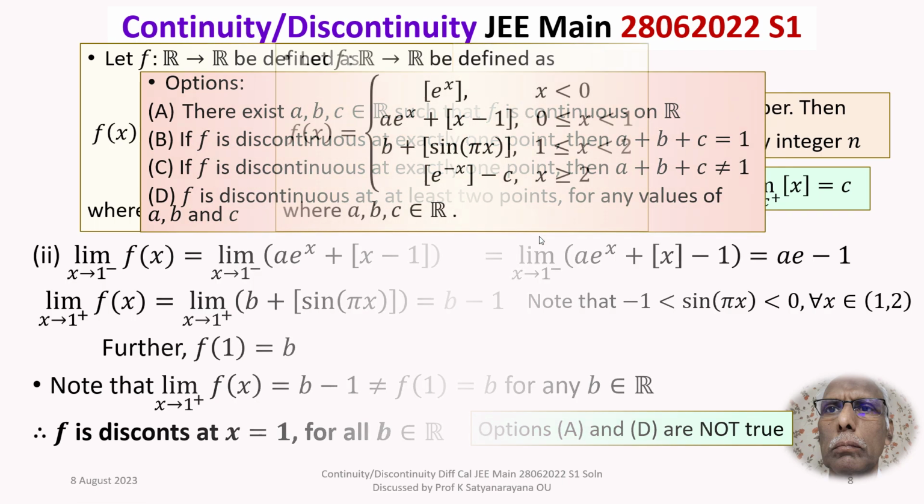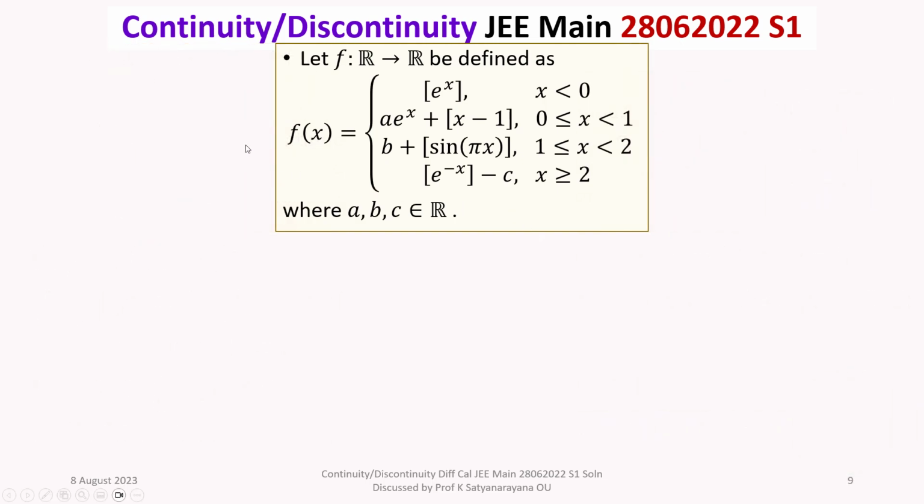Agreed. We go to case 3 where we discuss the continuity at x is equal to 2. So the left hand limit at x is equal to 2 is the limit as x tends to 2 minus. x tending to 2 minus means this branch, so b plus bracket sine pi x.